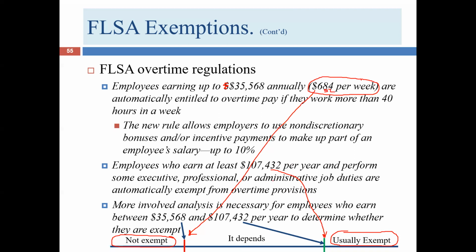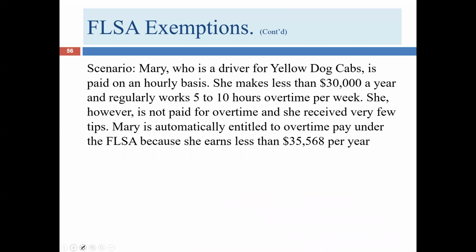It's people between 35,000 and 107,000 that we say it depends. Some of these people are going to be exempt and some aren't. And so we're going to be spending a significant amount of time figuring out where they fall in this continuum. Now we're going to talk about these people who might fit into the executive, professional, or administrative categories for the exemptions. We'll talk about what those mean in just a couple of minutes.